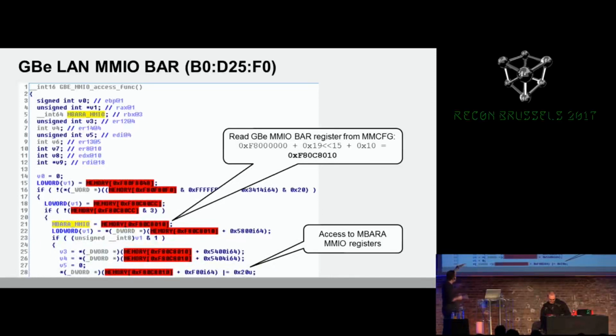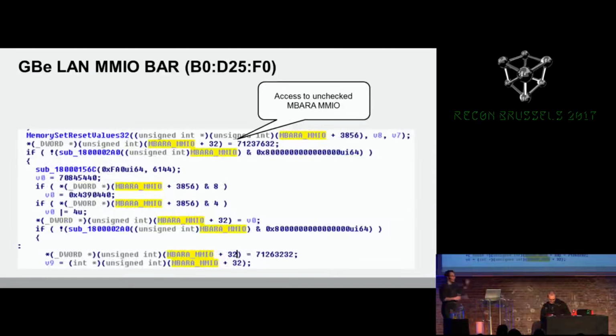Later on, you can see that the firmware is actually writing or reading some registers in that BAR. It's not very clear on this particular screenshot, so it's better to look at the next screenshot. Now you can see that the firmware is using that MMIO range, the M-BAR range, and writing some values. It's writing some register that the attacker controls, or some constant value, let's say this 7123, I don't know what that constant is, to offset 32 decimal in this M-BAR MMIO.